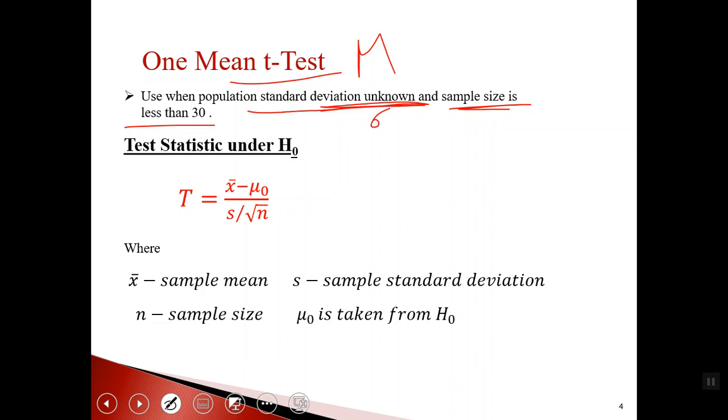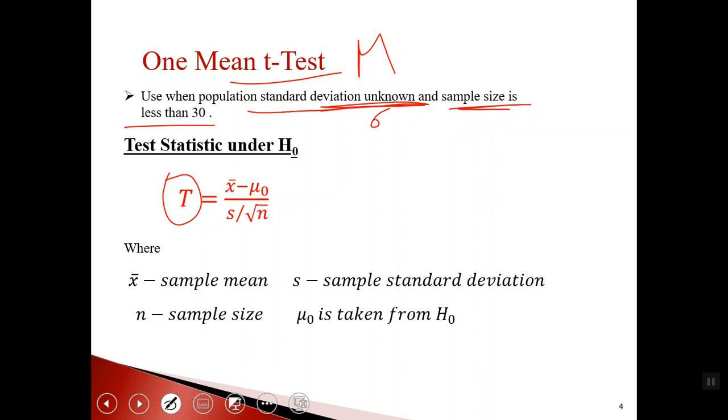Okay, so how do we calculate this T statistic? We call this the T statistic. This is the value we are going to calculate, same as Z statistic. We call this T statistic, which means our test statistic.